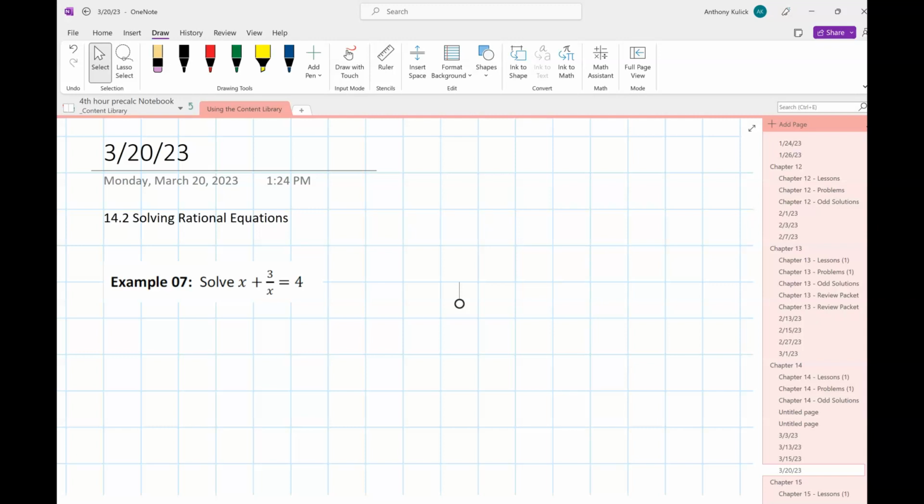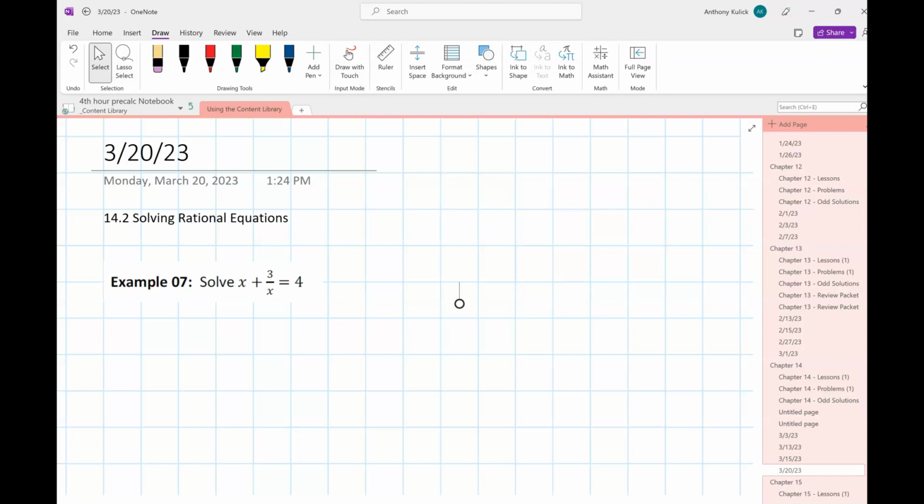Tell me in your own words, even if you don't know the technical definition, that's okay. So a rational function is a fraction where you have a polynomial on top and a polynomial on bottom.